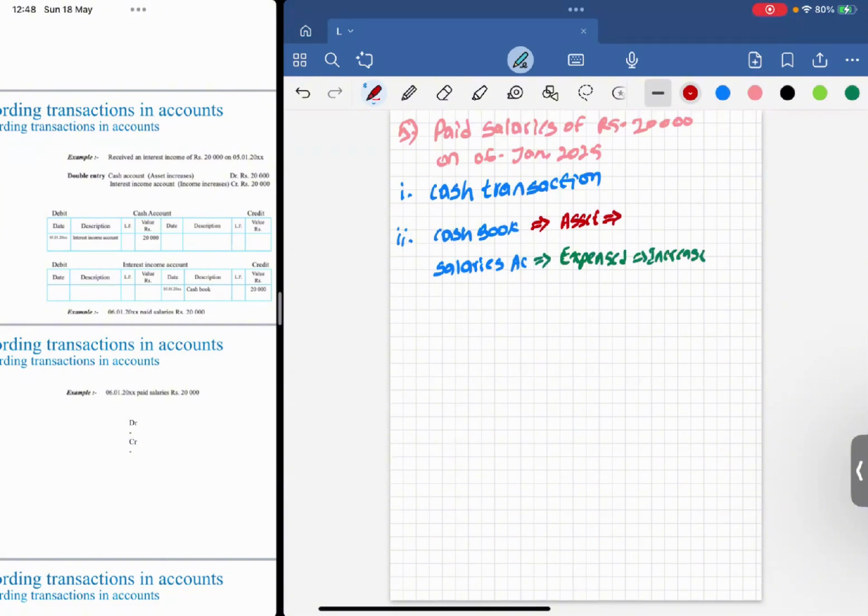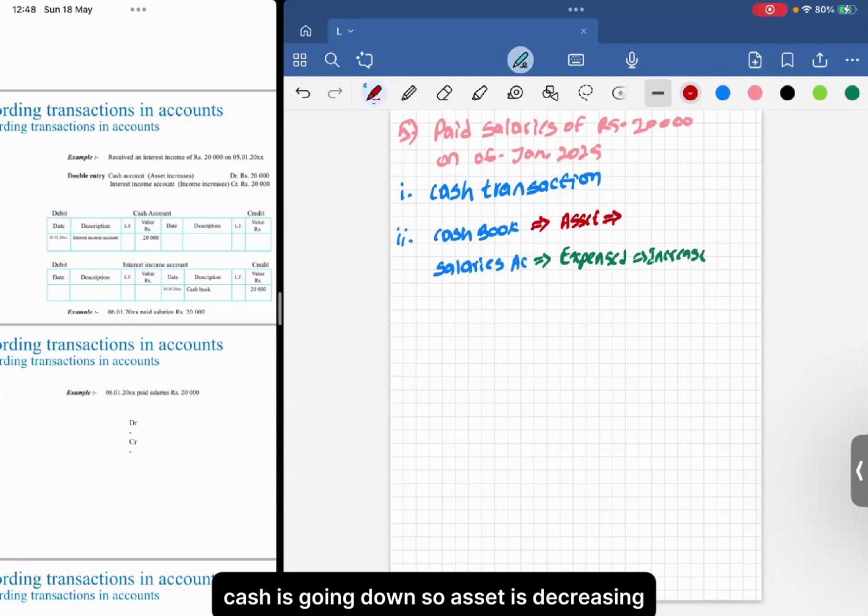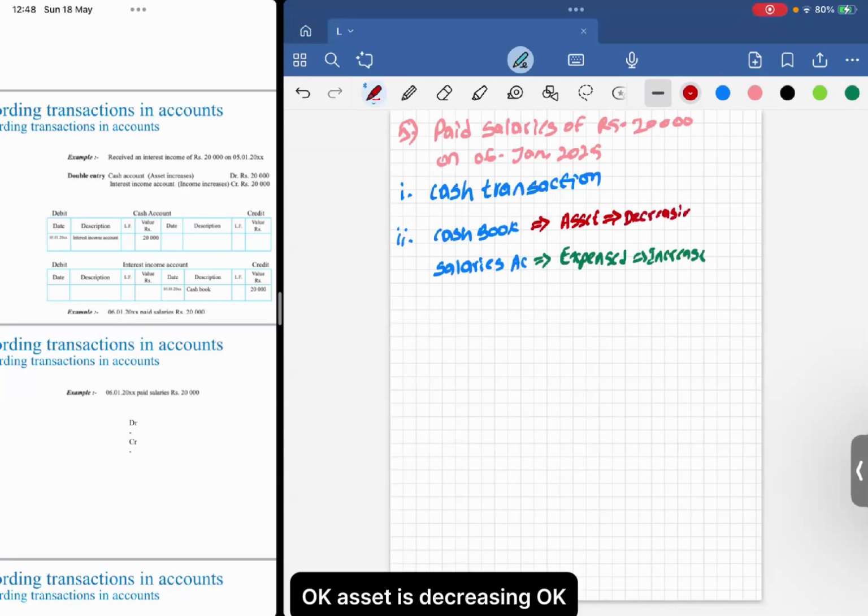So we are paying this salary from the cash available in the accounts. So what is happening? Cash is going down. So asset is decreasing.